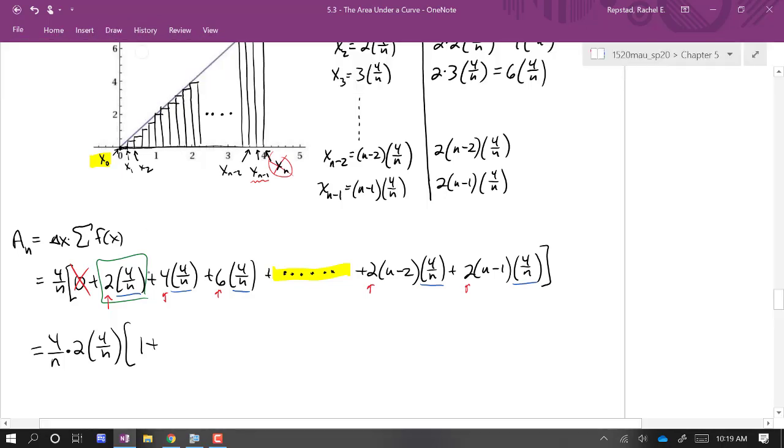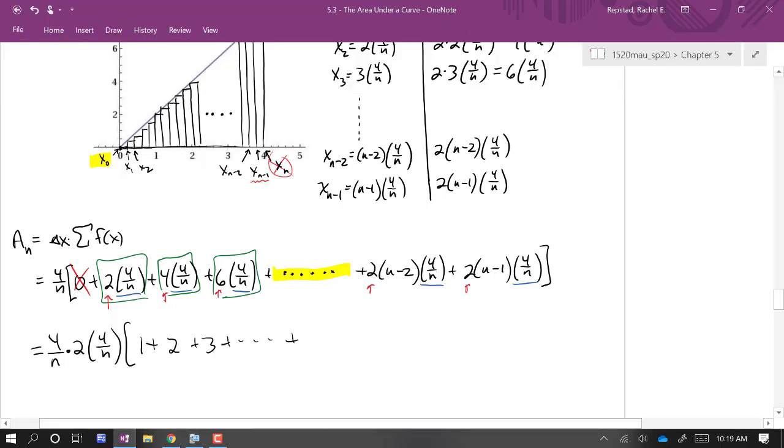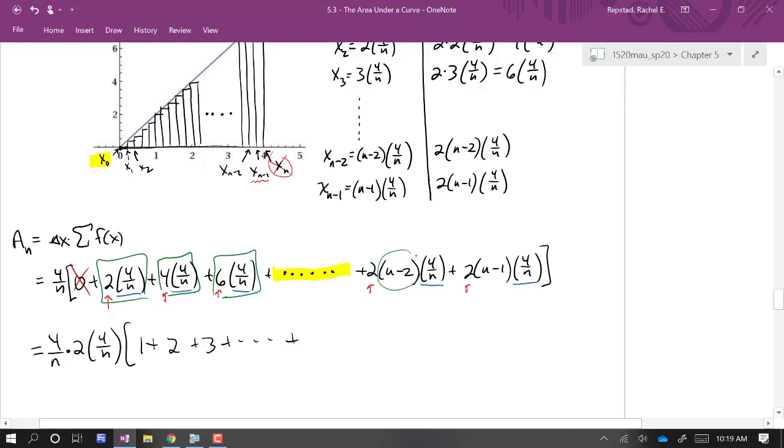This needs a factor of 2, that needs a factor of 3. So we're just adding the integers 1, 2, 3, all the way up to here. This will need a factor of n minus 2, and then a factor of n minus 1, so plus n minus 2 plus n minus 1.